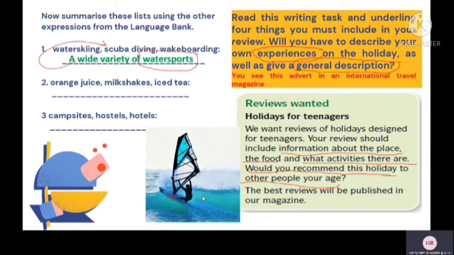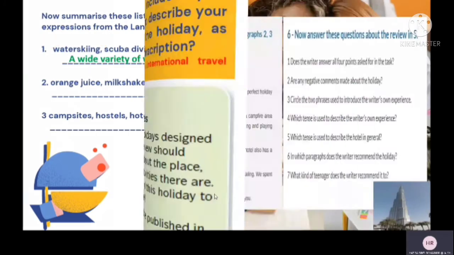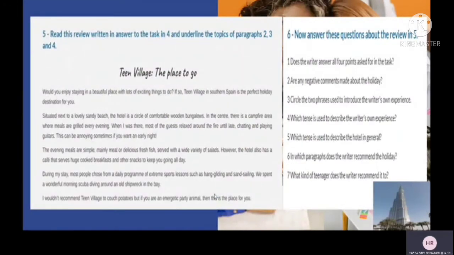As you can straight away see, the text next to the question is actually the sample answer. Okay, read this review written in answer to the task in 4 and underline the topics of paragraph 2, 3, and 4. So, Teen Village, the place to be. Would you enjoy staying in a beautiful place with lots of exciting things to do?